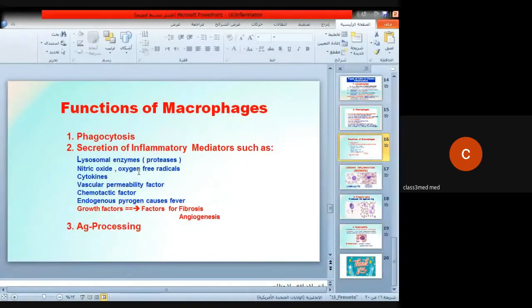They secrete factors for proliferation of fibroblasts and blood vessels. Why do they cause tissue destruction? Because they secrete lysosomal enzymes, nitric oxide, oxygen free radicals, cytokines. Okay, understood? The function of macrophages in acute inflammation differs from chronic inflammation.